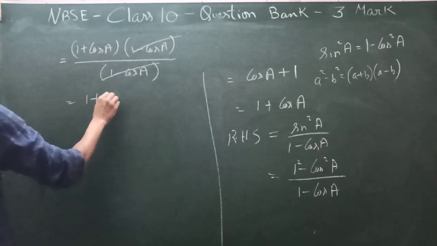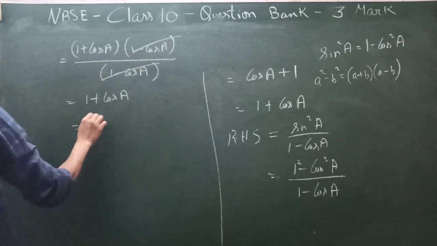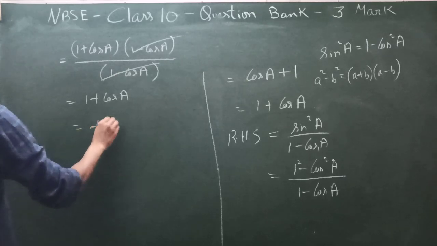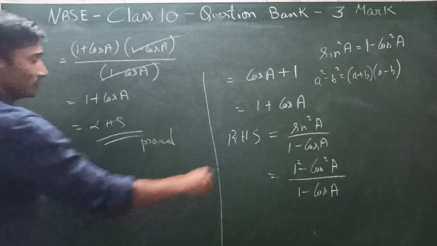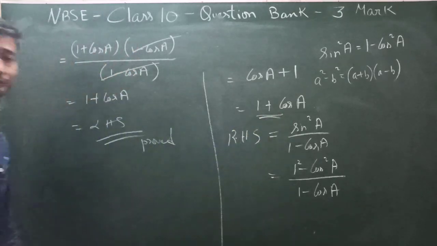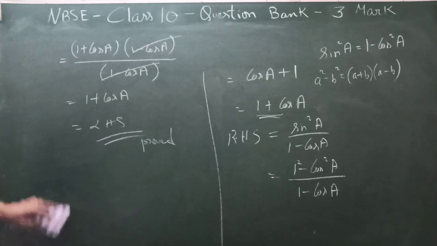So here also what do we have? 1 plus cos a, so that is equal to the left hand side. Proved. Alright, so this is how the proof can be done.